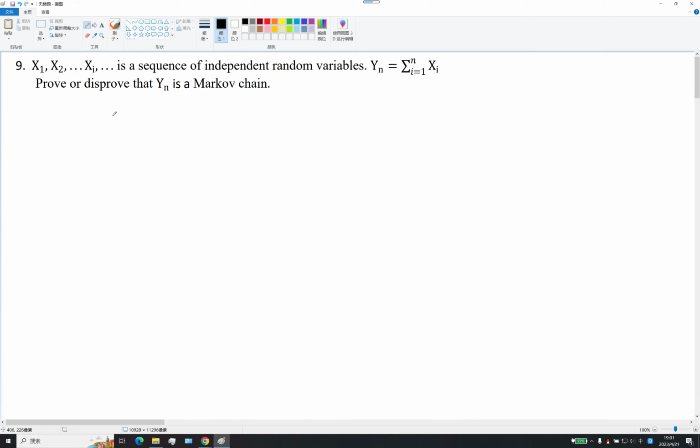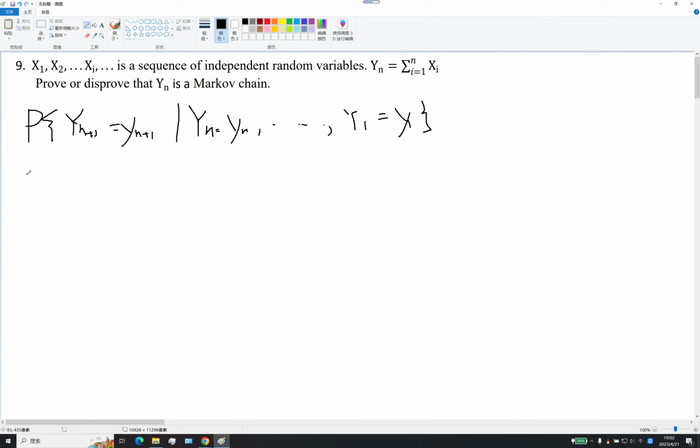To decide whether it is a Markov chain, we should check whether it is a memoryless process, which means we should look at P(Y(n+1) = y(n+1) conditioned on Yn = yn and so on, Y1 = y1).